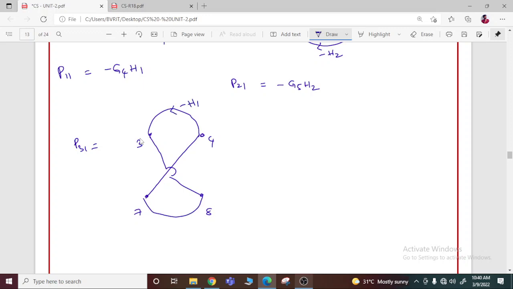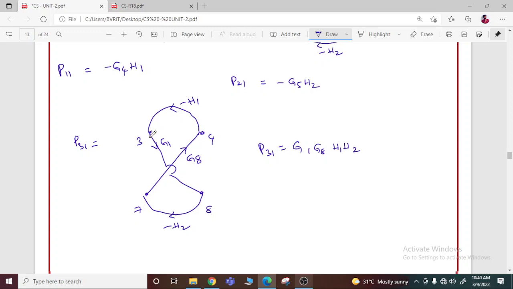This is minus H1, this is minus H2. So, this is G8 and this is G1. So, P31 can be written as minus into minus will become plus here. So, it will be G1, G8, H1 and H2.